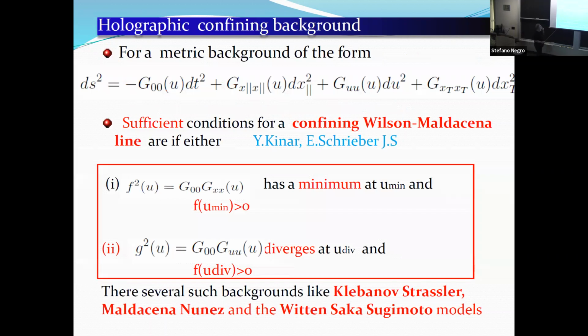So what is the condition to get a background that admits this confining Wilson loop or Wilson line?